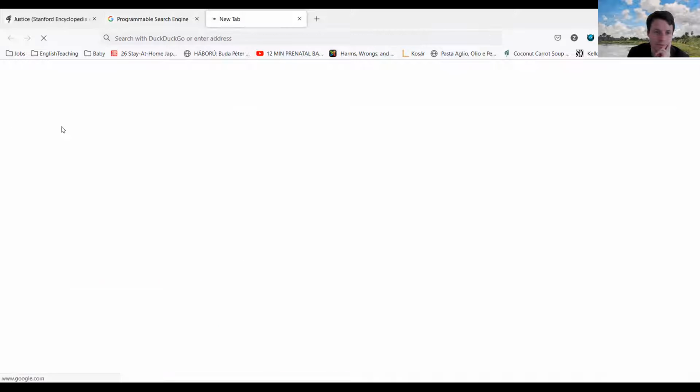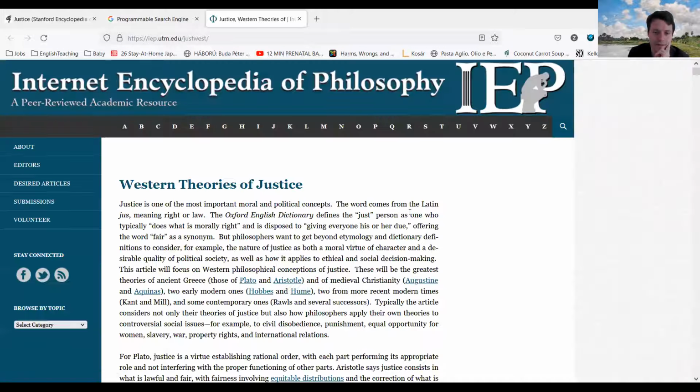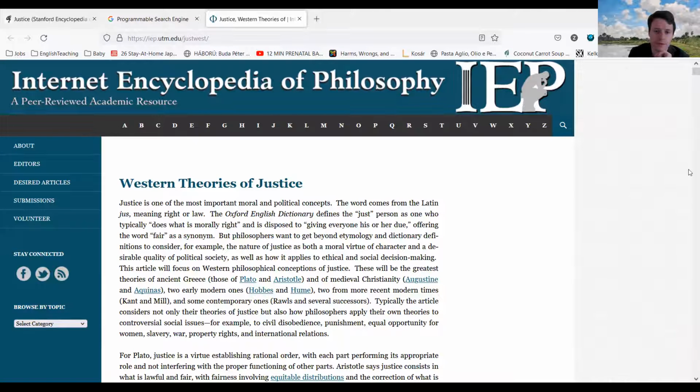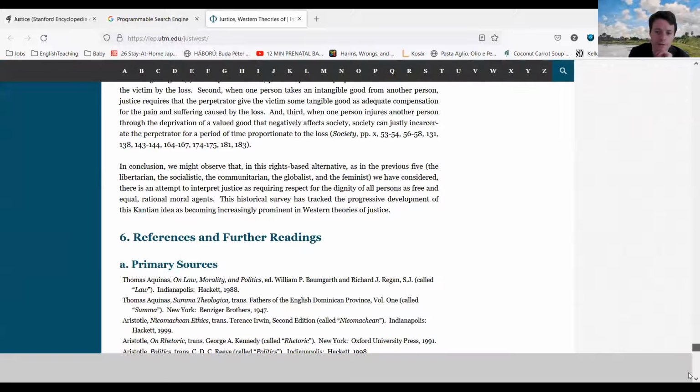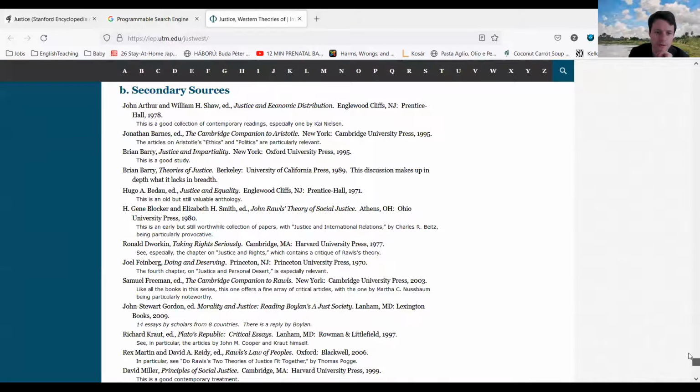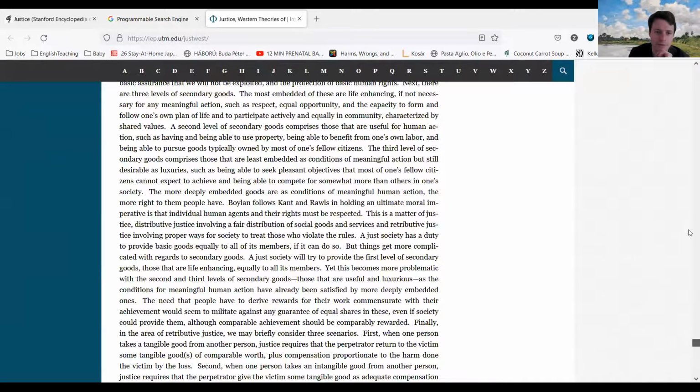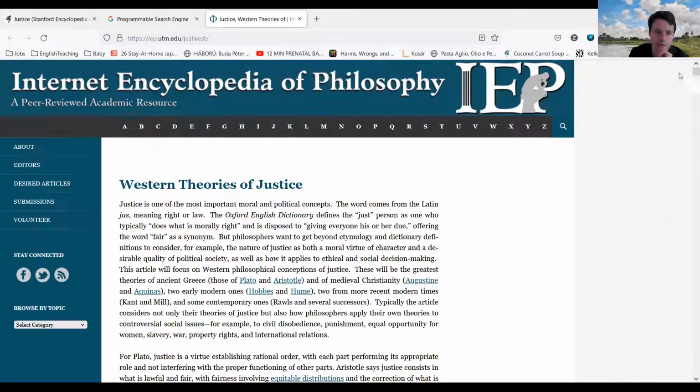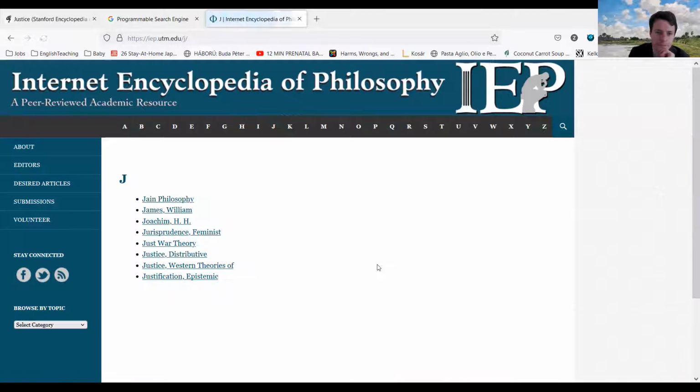And you have then a general review of Western theories of justice. The good thing about these encyclopedias is that usually they recommend you related entries. You can easily look around for other entries on justice.